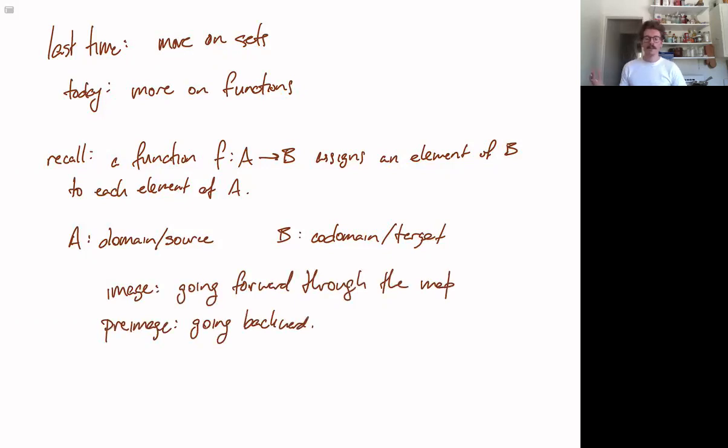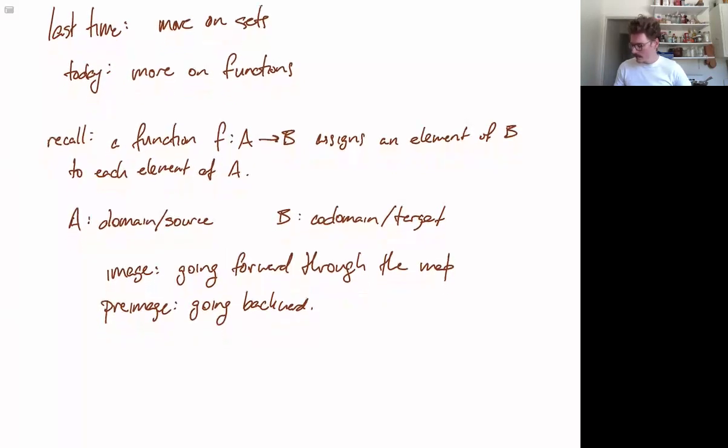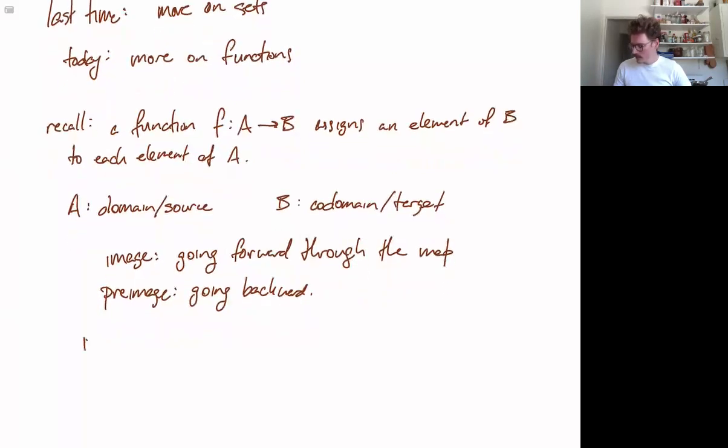So if you have an element or a subset of B, you can look at all of the things that map to it, and that is the pre-image. In particular, so let me write this down. The image of f is the image of the full set A, which we can write as f of A for all elements of A.